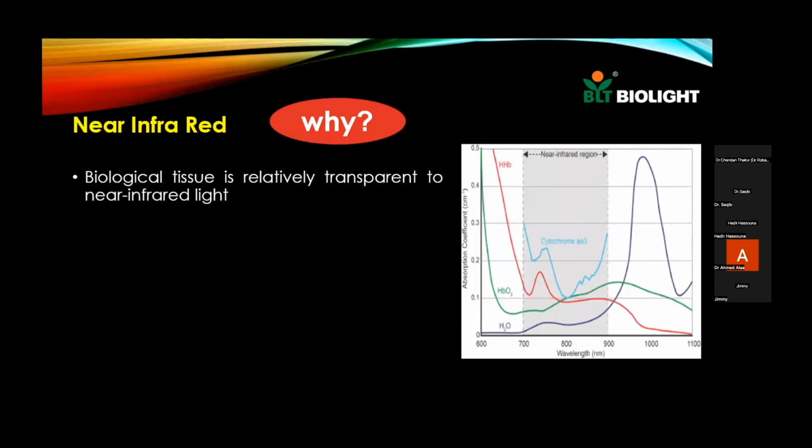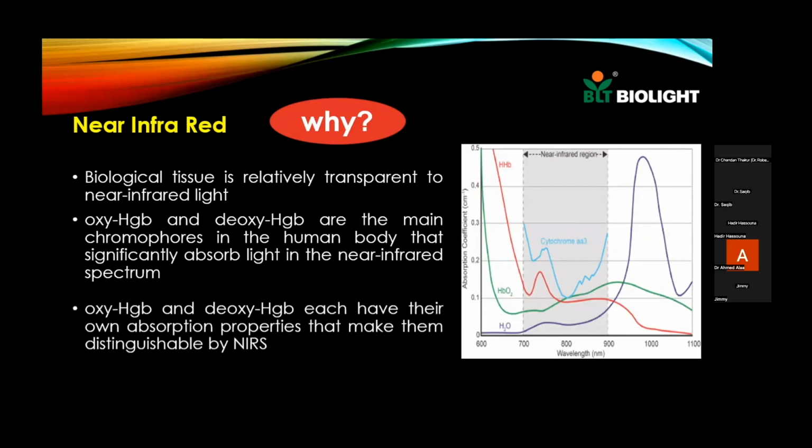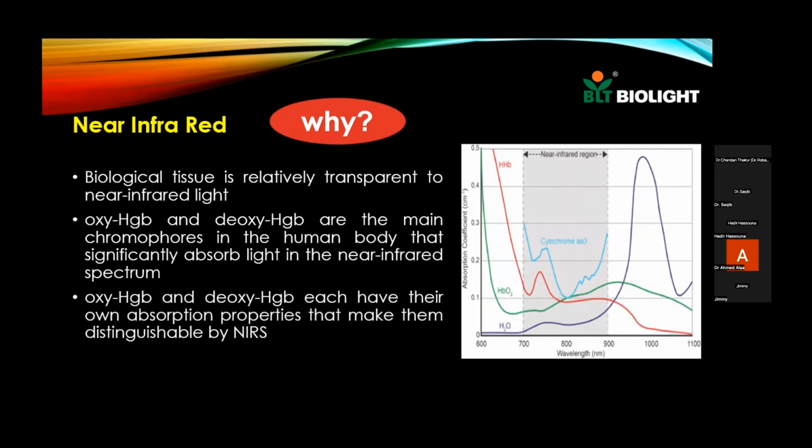Biological tissue is relatively transparent to near-infrared light, while oxyhemoglobin and deoxyhemoglobin are the main chromophores in the human body that significantly absorb the light in the infrared spectrum. So oxy and deoxyhemoglobin each have their own absorption properties that make them distinguishable by near-infrared spectroscopy.